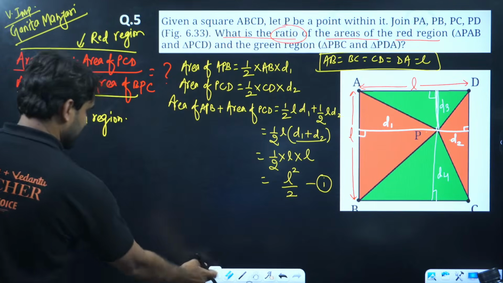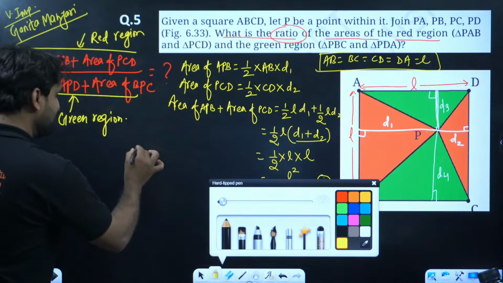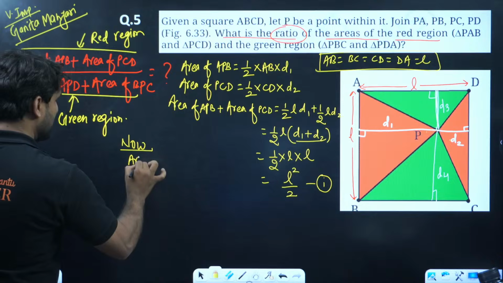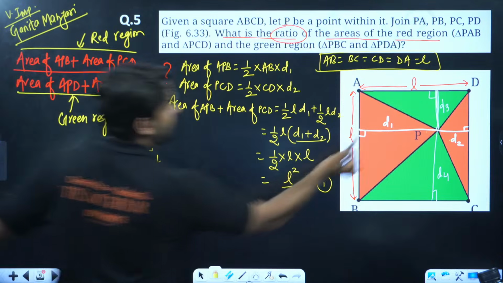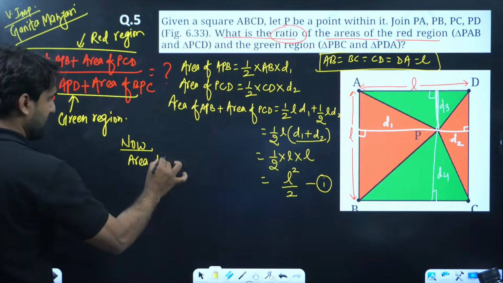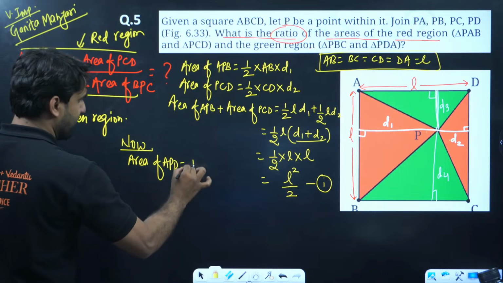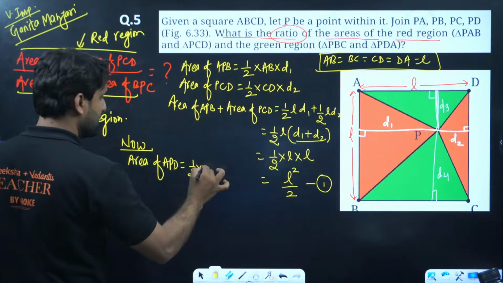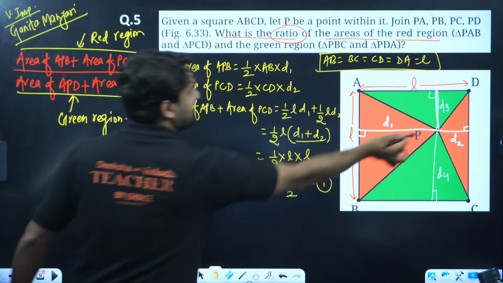So let's write the formula. Area of this APD is half, and for APD the base will be AD and the height we have is D3.